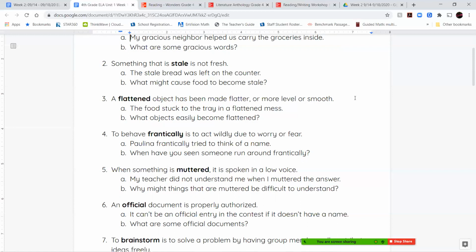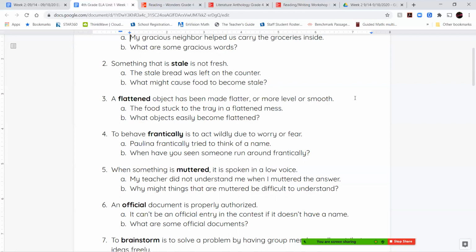Your next word is the word muttered. When something is muttered, it's spoken in a low voice. When you're saying something and someone has to ask you to speak up or to repeat yourself, usually it's because you muttered and you weren't speaking clearly. My teacher did not understand me when I muttered the answer. So instead of saying, for example, my name is Anna, I muttered.